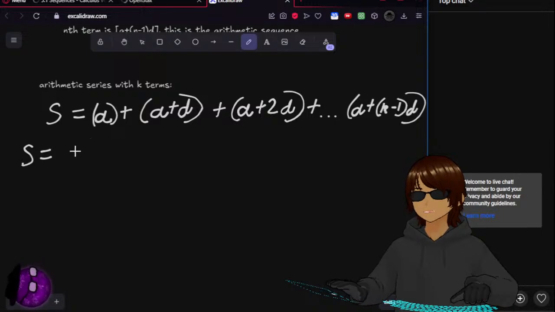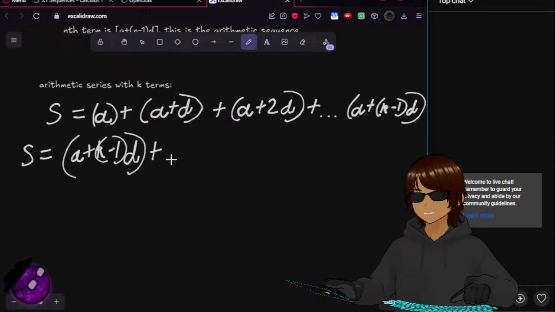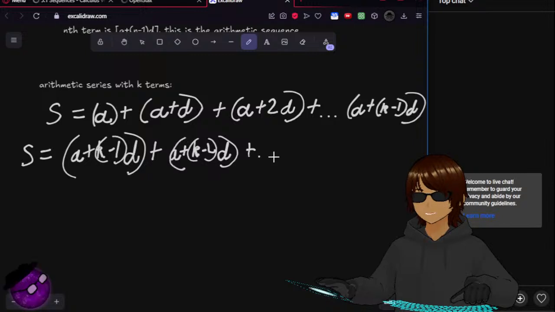If we reverse it, a plus k minus 1 d plus it with a plus k minus 2 d plus it with a plus d plus a.